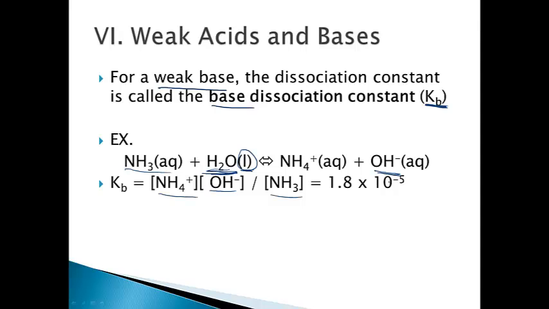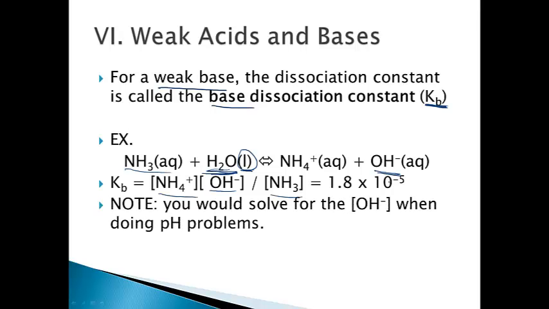Okay, so if you wanted to solve for the pH, you wouldn't solve for H plus, you would solve for OH minus instead, when you do the pH problem. Can't do this problem yet because you don't have that value. Now once you're told what the concentration of the ammonia is, you do the same thing.